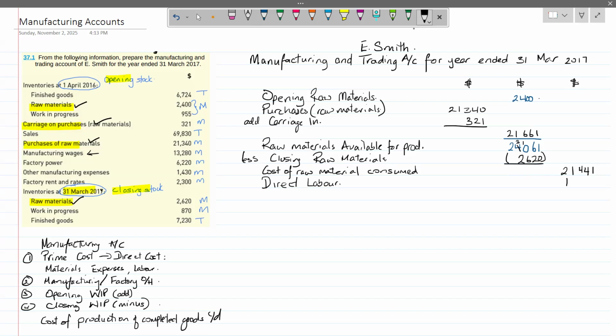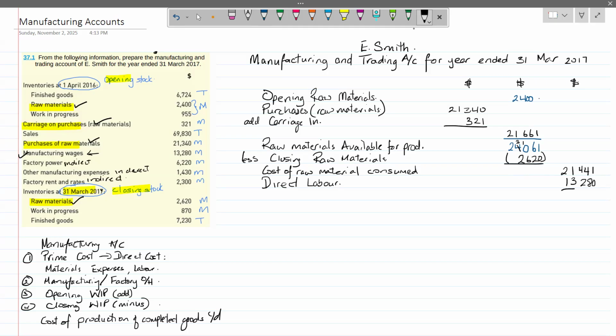Manufacturing wages, 13,280. Do we have any other? Factory power will go as an indirect expense. This is indirect. This will be indirect. This will be indirect. We don't have any other direct expenses.